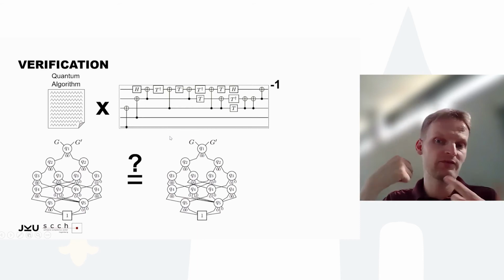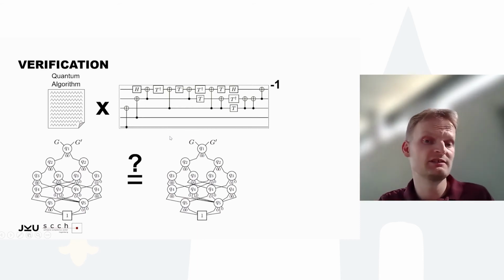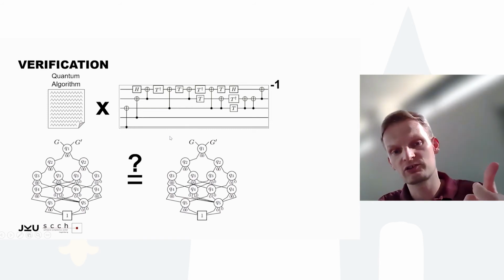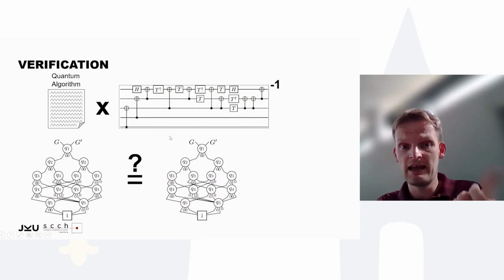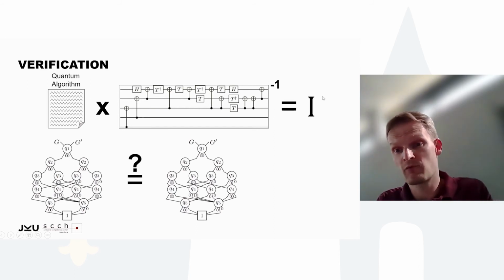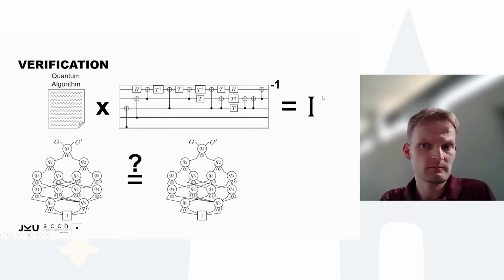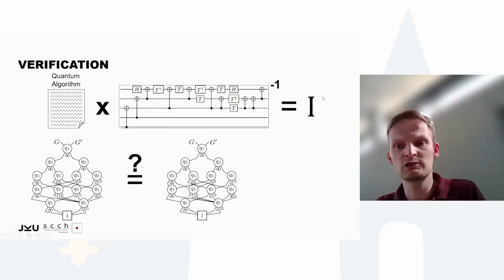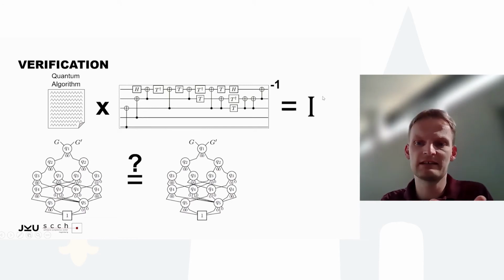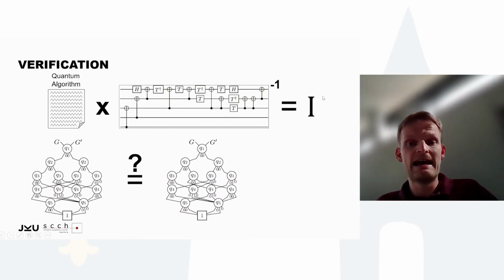And if you have that, then you can multiply your original algorithm together with the inverse of the resulting algorithm. And if both are functionally equivalent, then obviously this should yield the identity, because you computed something and then you uncomputed something. And if, again, the compilation result is functionally equivalent, then you should get the identity.